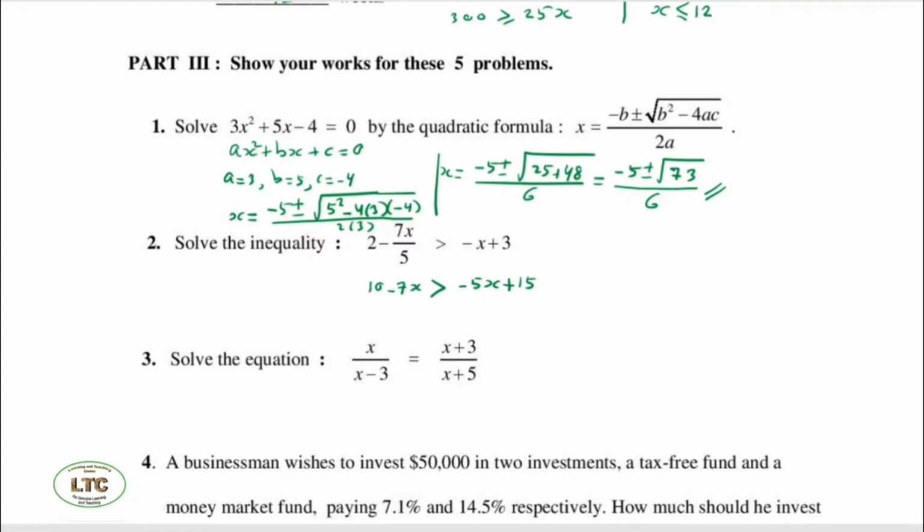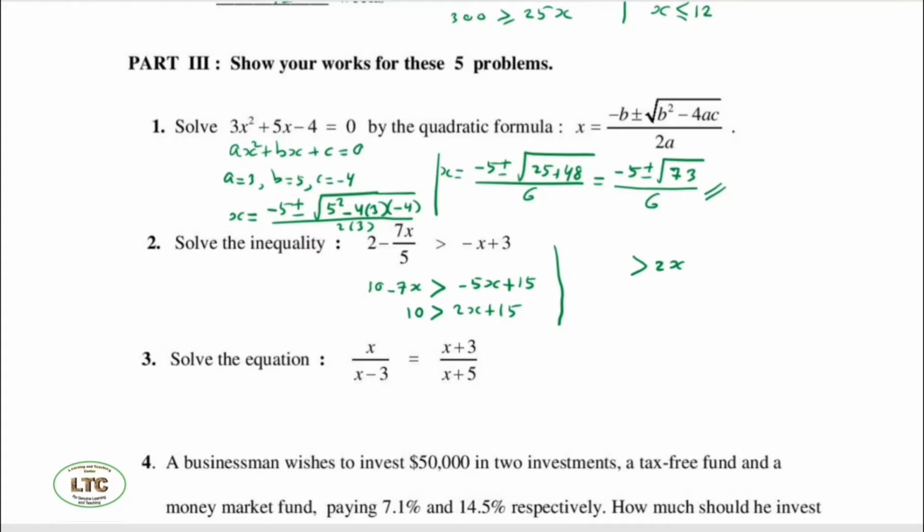Okay, I will move 7x to the right. If I add 7x to the left, I get 10. If I add 7x to the right, I get 2x plus 15. If I subtract 15 from the right, I get 2x.